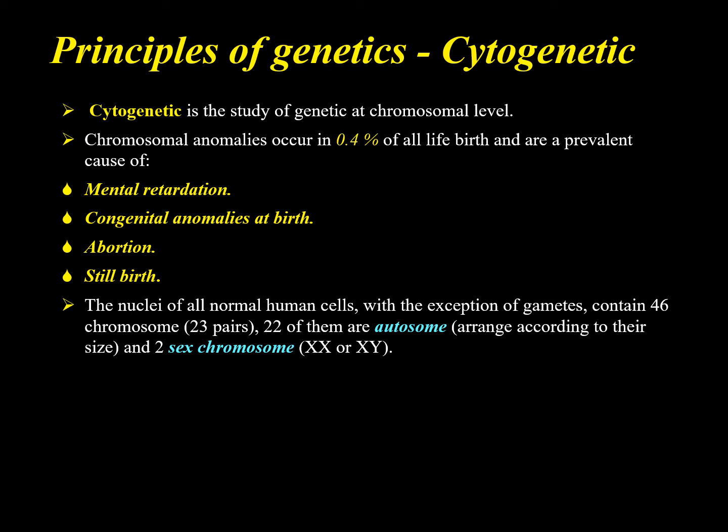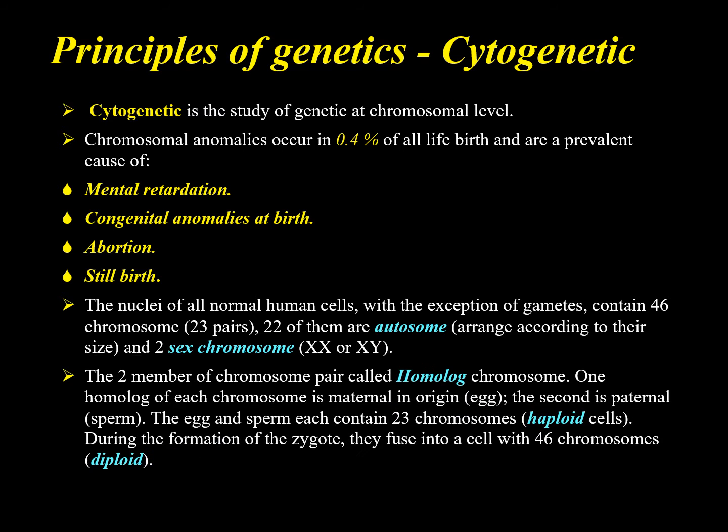The nuclei of normal human cells, with the exception of the gametes, contain 46 chromosomes, which means 23 pairs. 22 pairs of them are autosomes, arranged according to their size, from number 1, which is the largest, to number 22, which is the smallest, and 2 sex chromosomes, which are either XX or XY according to the gender of the individual.